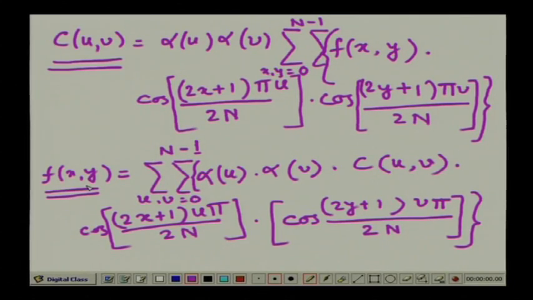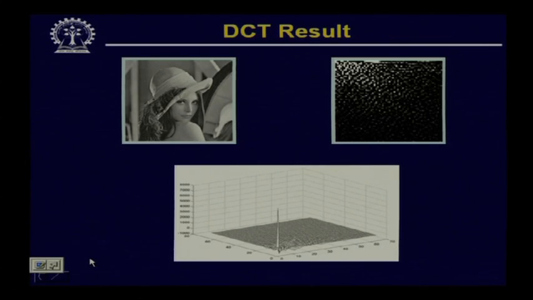So, using this two-dimensional discrete cosine transformation, let us see what kind of output we get for a given image. This figure shows the discrete cosine transformation coefficients for the same image, which is very popular in the image processing community, the image of Lena.